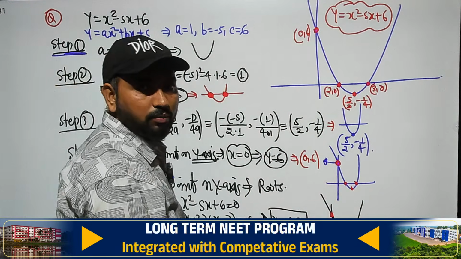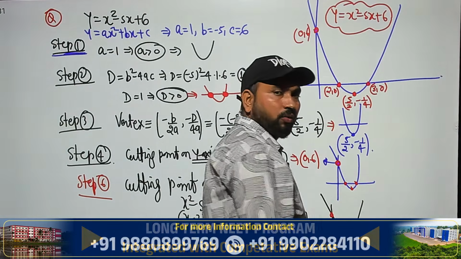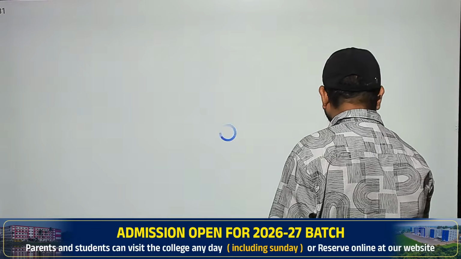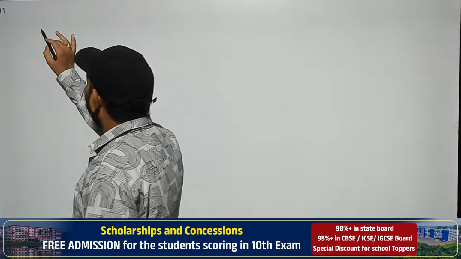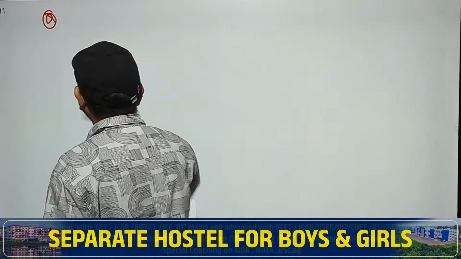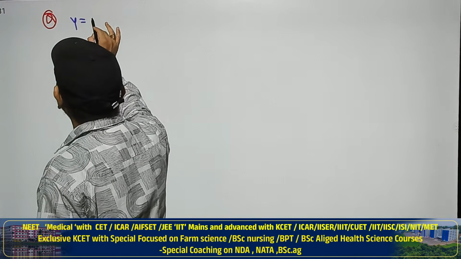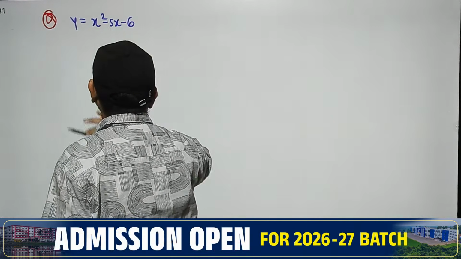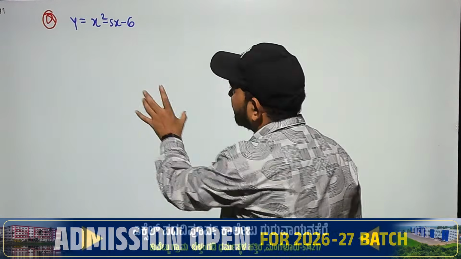Up to here clear? Similar question: y is equal to x square minus 5x minus 6. Draw the graph of this.